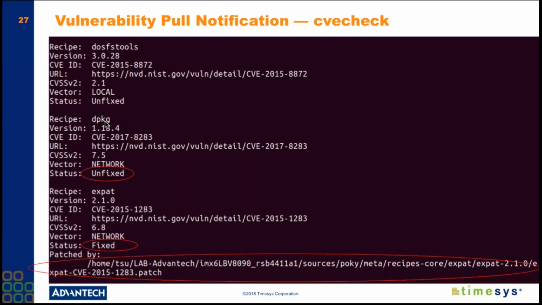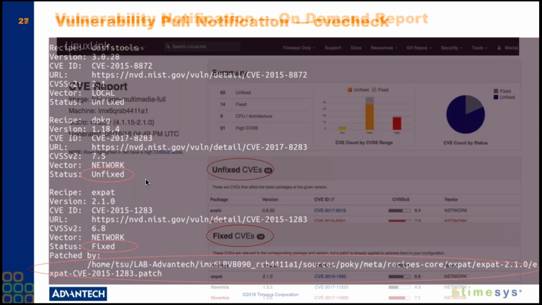And for the D package, there is another CVE reported, which is currently in a state unfixed. So that's the type of information that you should expect to be returned from the Timesys CVE manager, from the Timesys database, and it's relevant because it's against the product software that you've developed.